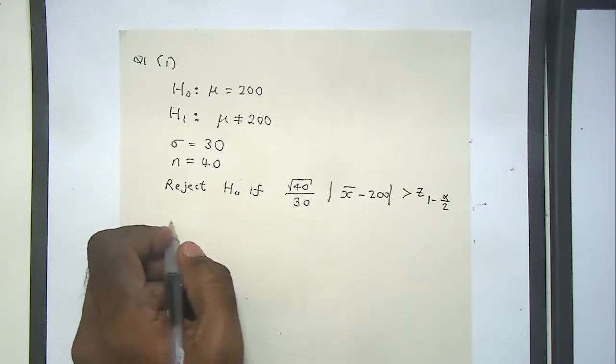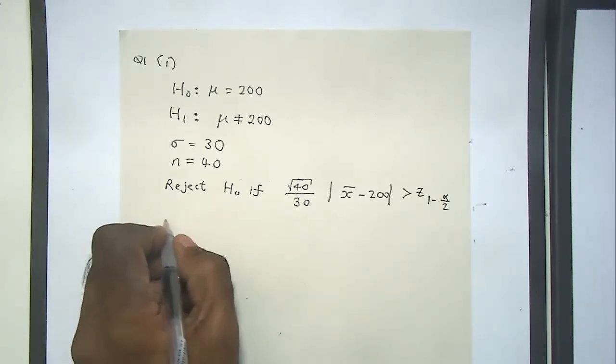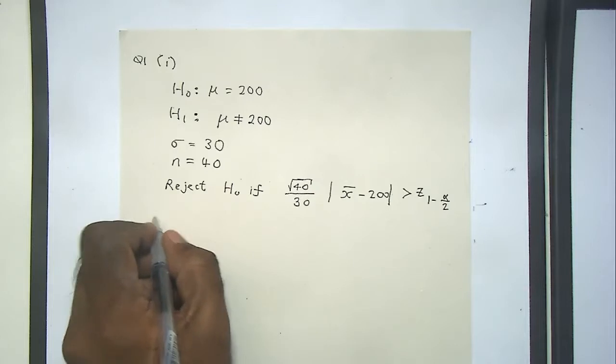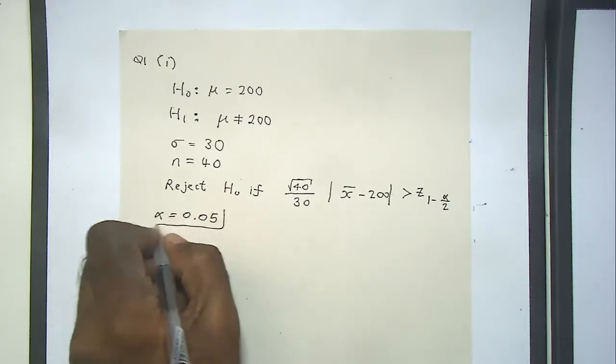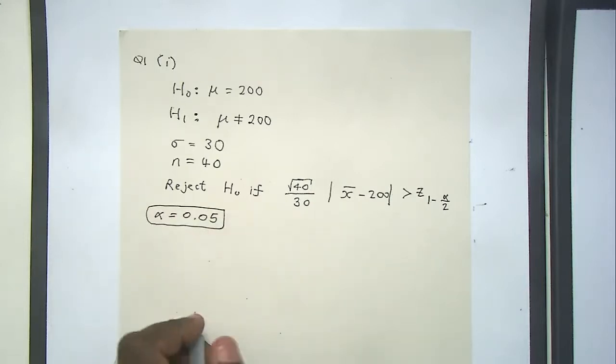Now, if there are two values for alpha, so in the case alpha is 0.05, you should take alpha to be 0.05.